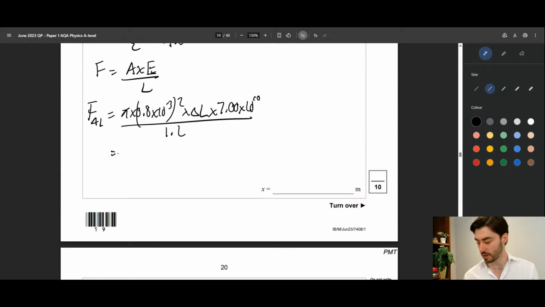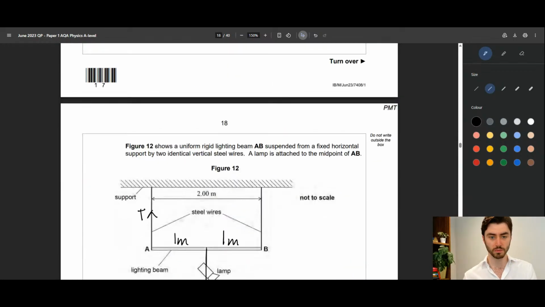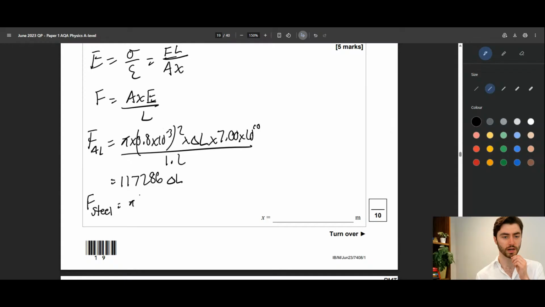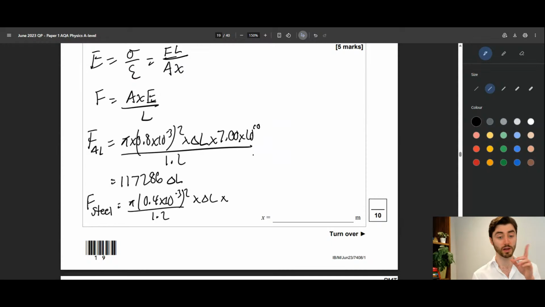So I can work that out as an expression of delta L. That would be about 100-and-something times delta L. And similarly, the force on the original wire, which was made of steel, would be equal to pi times 0.4 times 10 to the minus 3 squared times its delta L all over 1.2, times of course the Young's modulus of 2.1 times 10 to the 11. There's probably a better way of doing this, actually.